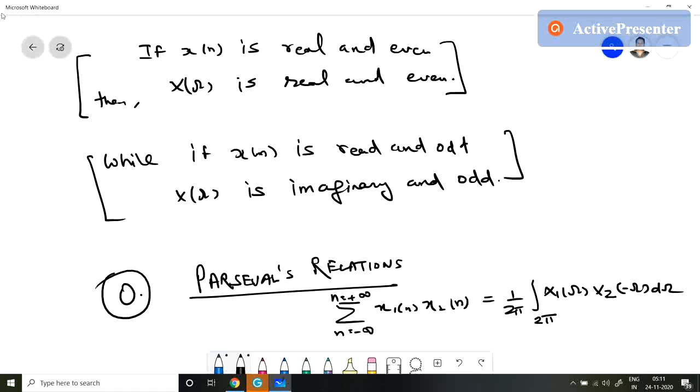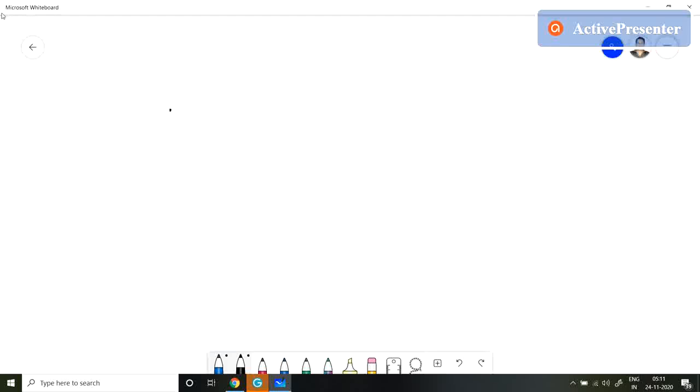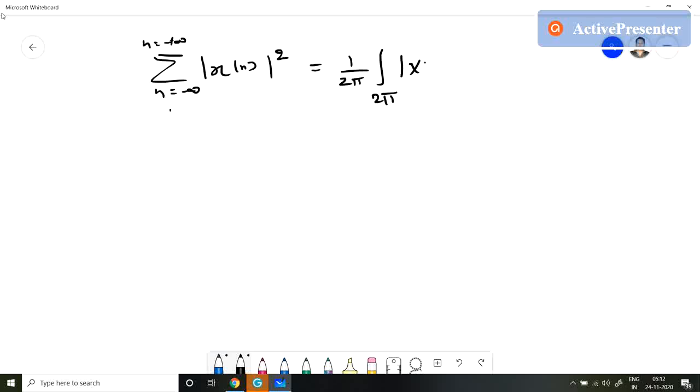So we can write it as the summation over n from minus infinity to plus infinity of modulus of x[n] whole square, which is equal to 1 divided by 2π times the integration over 2π of modulus of X(Ω) square dΩ.